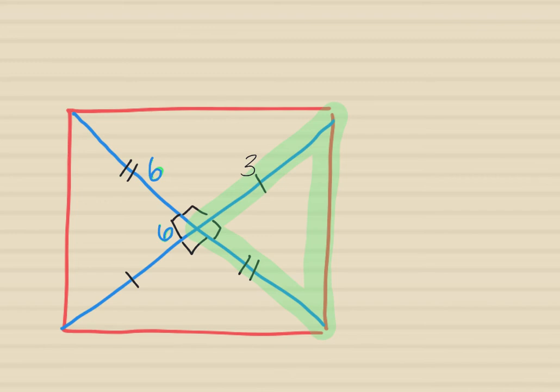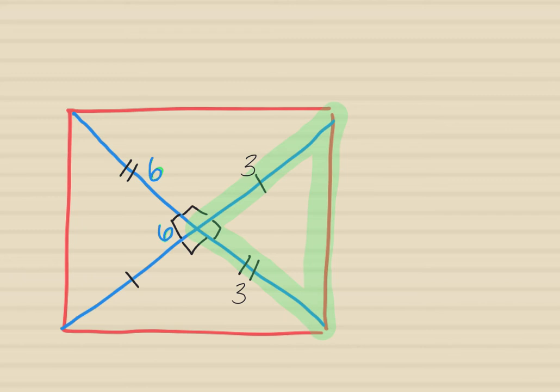3. Very good. Now, this is where we have to remember one of those theorems that we kind of never used, okay? One of the theorems that we didn't really use before is that the diagonals of a square are also bisectors of those angles. So this angle is cut in half.